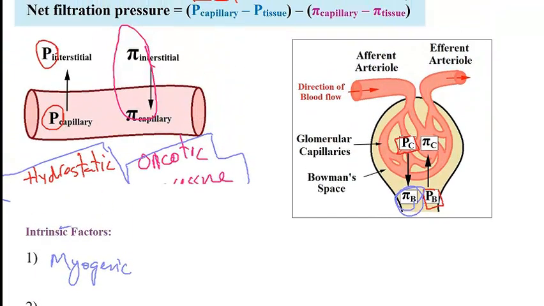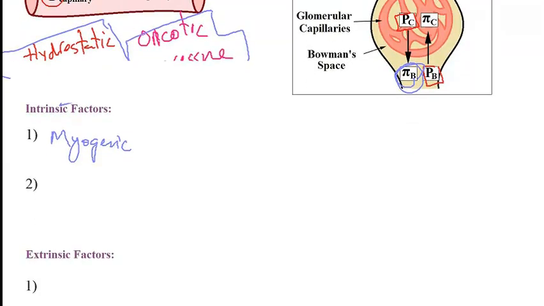Okay, so once the blood pressure increases, the afferent arteriole contracts to prevent too much fluid from getting lost here. Versus when the blood pressure drops, that's the time that the afferent arteriole dilates to raise the glomerular hydrostatic pressure to allow still some filtrate to go through and let the kidneys do their job.